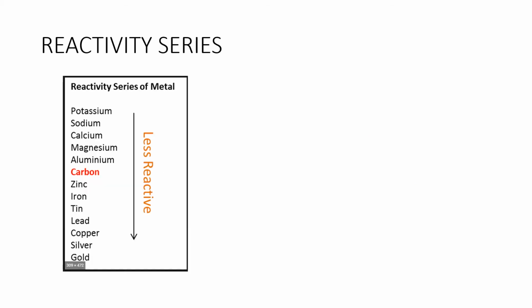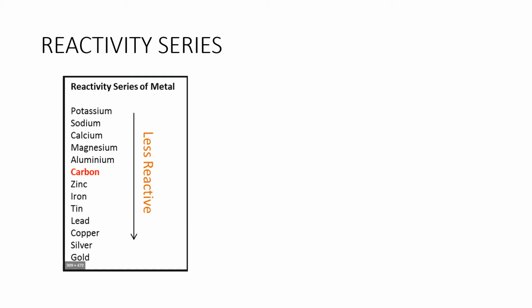Here you have a reactivity series, an arrangement of metals in order of reactivity, starting from the most reactive, potassium K, until the least reactive, gold. You can write from the top to the bottom or from the left to the right, starting from the most reactive.